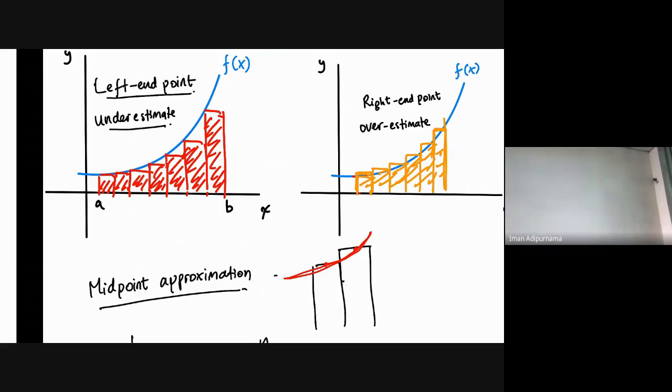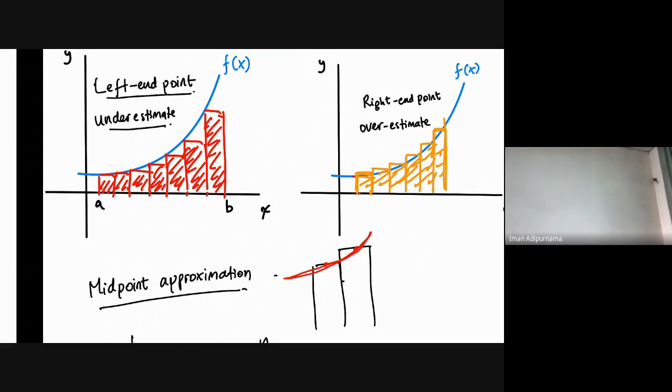If you see any box having a gap between the function and the box, we call this the underestimate approach, and this is the overestimate. We can know the error based on the difference between the function and the box. That is the error.